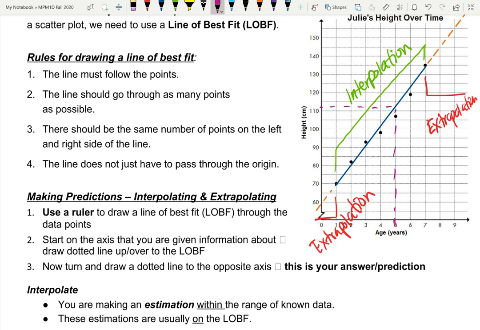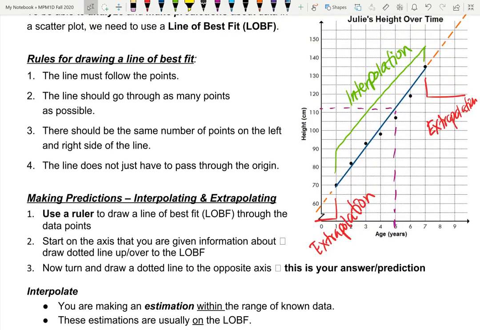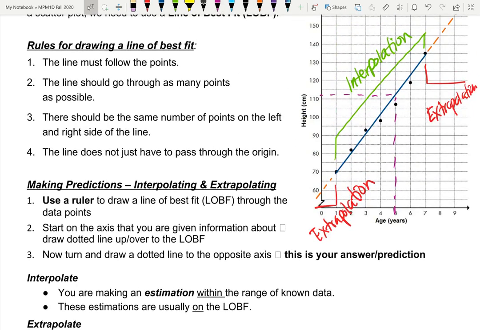My line of best fit says it's approximately 112 centimeters. Because I made a prediction within my line of best fit, I used interpolation. I know that we have a point for when Julie was actually 5 years old, but for interpolation, we use the line of best fit. We're just practicing using our line of best fit to estimate.